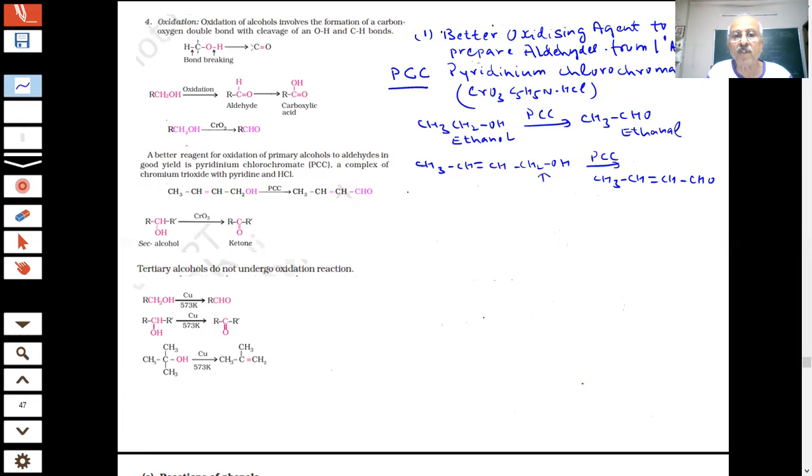PCC. So if you are given something like this in the paper, CH3CHOHCH2CH3 and CrO3, what will be the product, students?